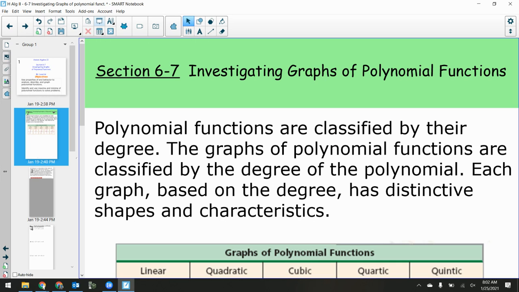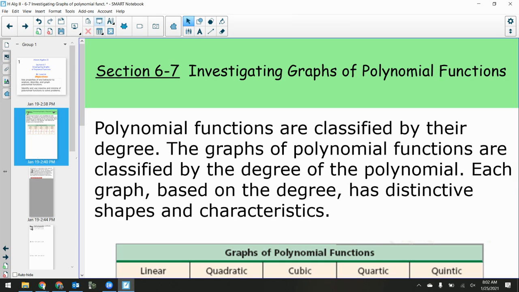Polynomial functions are classified by their degree, right? We've kind of talked about this at the beginning of the year. But polynomials in specific are classified by their degree, whether they're linear, quadratic, cubic, quartic, or quintic: 1st, 2nd, 3rd, 4th, or 5th degree.